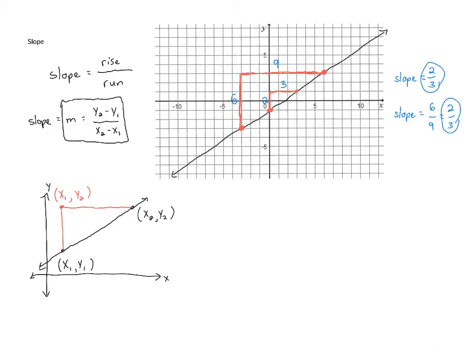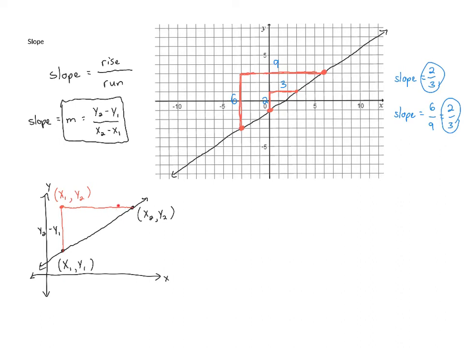All right, now we need to find the rise. The rise is going to be the difference in the heights between these 2 points. So that's going to be this height, y2, minus that height, y1. So the rise is going to be y2 minus y1. And that's where this comes in here. This is the rise. And then for the run, we need to figure out the difference in the x coordinates.